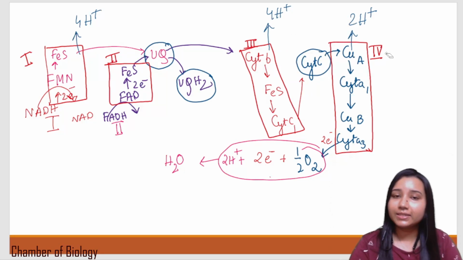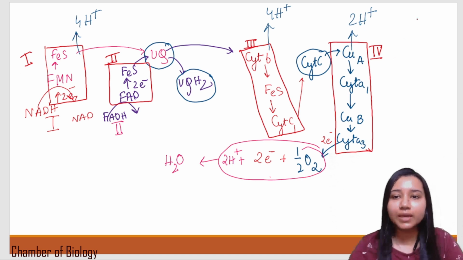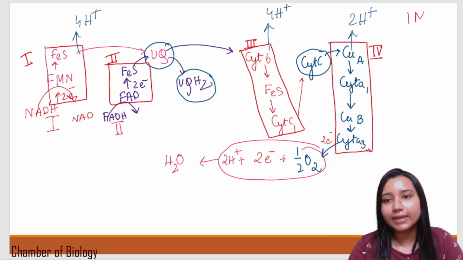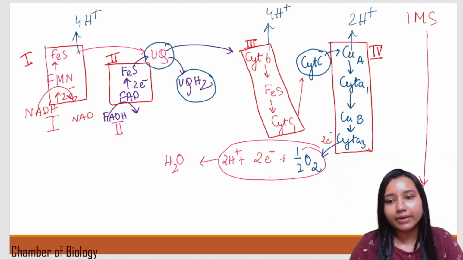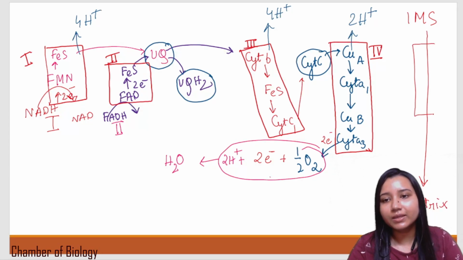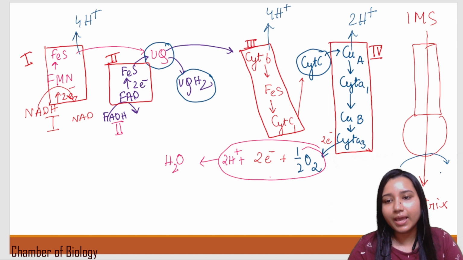You can all practice with the help of this diagram. And where is the proton coming from again? From the intermembrane space, the protons are coming back to the matrix, and for that we require our ATP synthase. Remember this. Along with that, we are also getting the ATP.